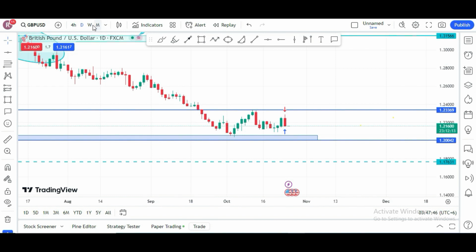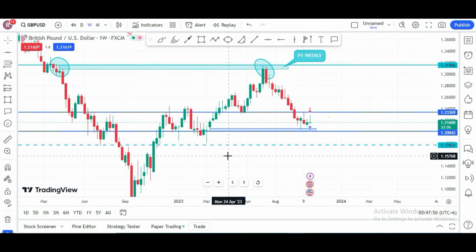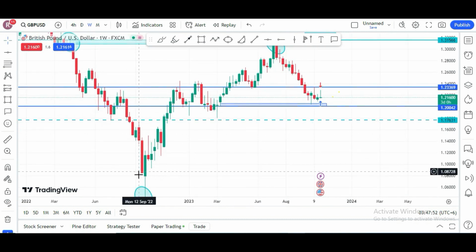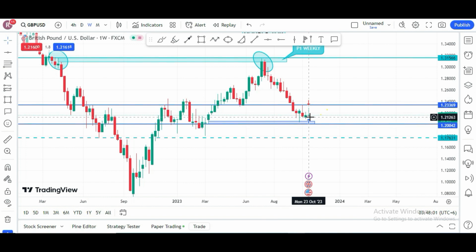So coming back from week, this is our week pattern. Here we can see this is the bottom which created this top of the week, and this double top has happened and it is going down, and it's supposed to come up to here.